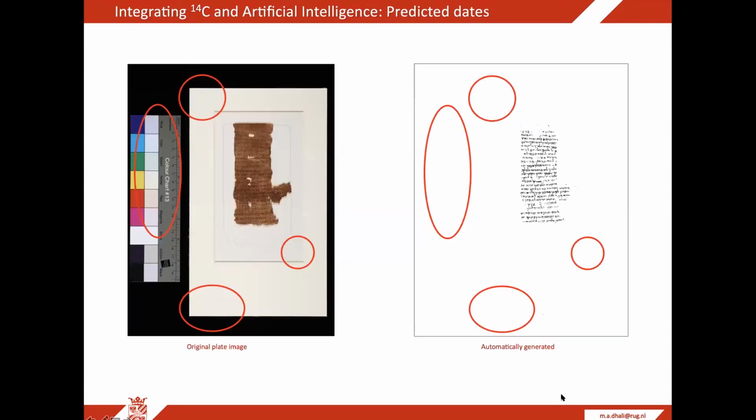Now to give another interesting example, because Mladen was already showing this, the Nash papyri. We use our model, and this is just to show that when you pass it to the BINET network, it directly binarizes the characters and doesn't get bothered with all the other things in the picture.